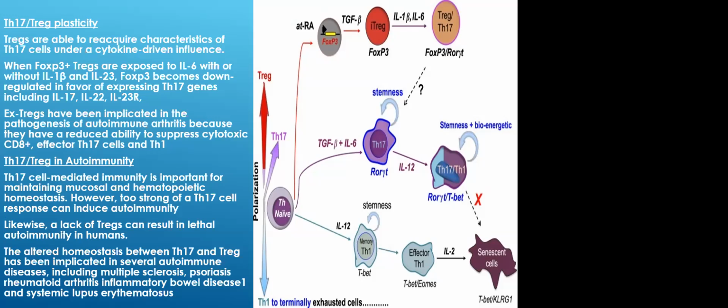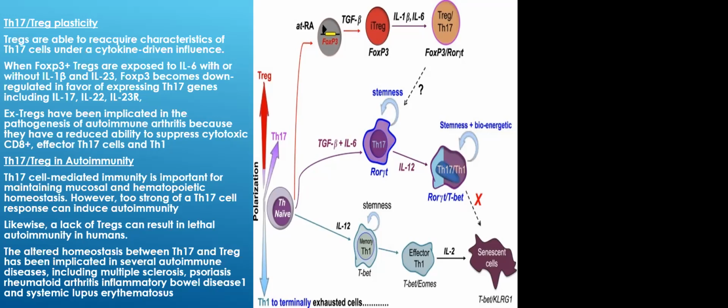And this will definitely lead to reduced ability to suppress cytotoxic CD8, which is driven by the Th1 lymphocyte. If you have fewer Tregs and less interleukin 10, then you will have unchecked Th1 and Th17, and unchecked Th1 will start stimulating CD8 cytotoxic T cells, which will start destroying your own arthritic joints or your own cartilage, along with the neutrophils being recruited by the cytokines of Th17.